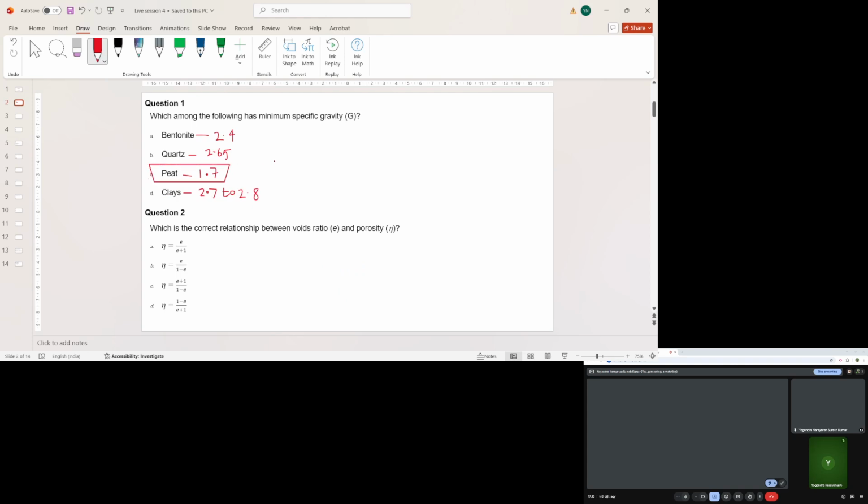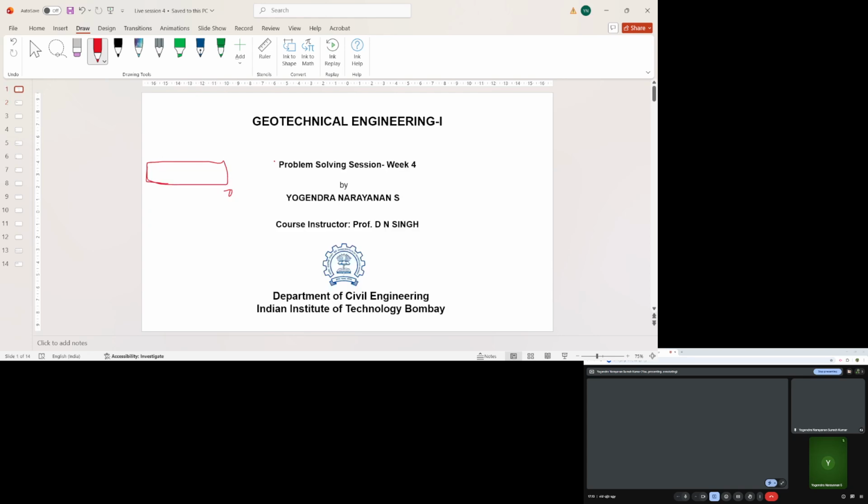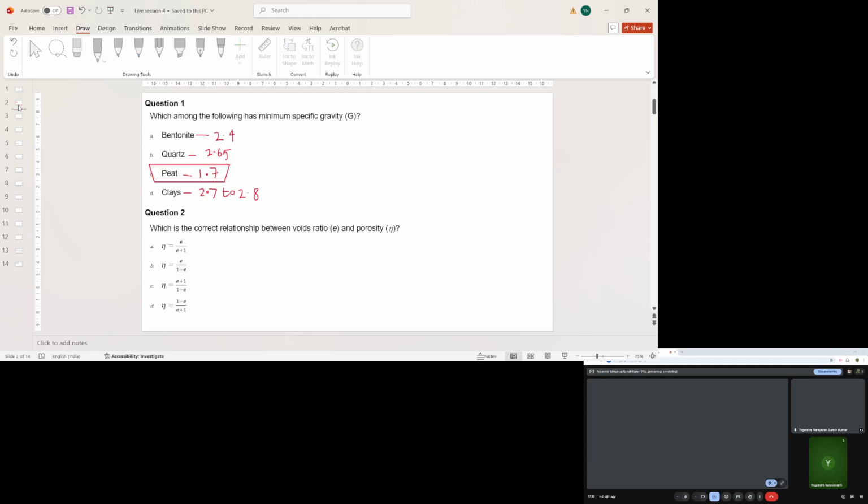That's why, before any other tests, for example particle size distribution, pretreatment is given so that the organic matter is removed completely.